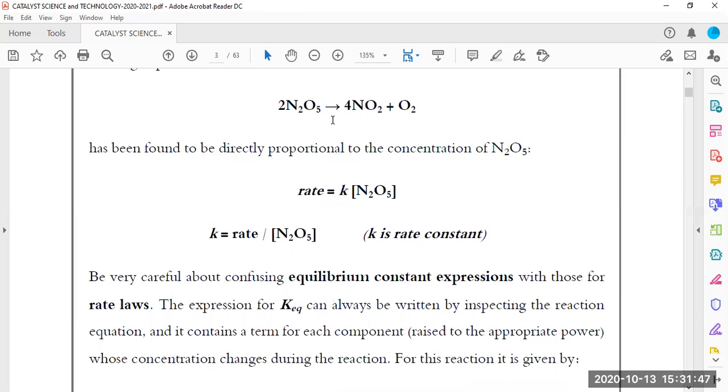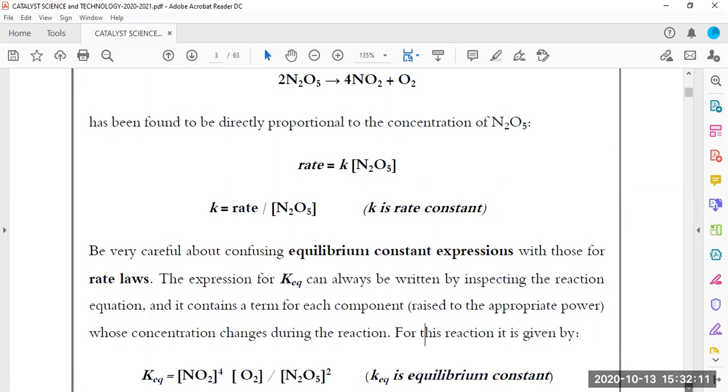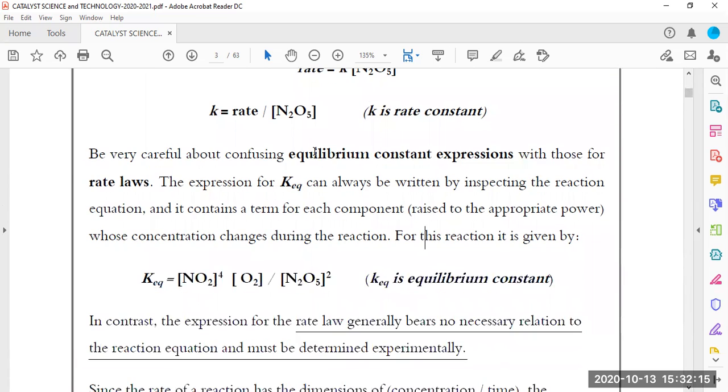In other words, at equilibrium, the concentrations of the reactants and the products are constant. There is no change in concentration. That's called equilibrium. I don't want to go through equilibrium because that's not our interest for the time being, but we need to know there is another k, the equilibrium constant, and it's different from the rate constant.